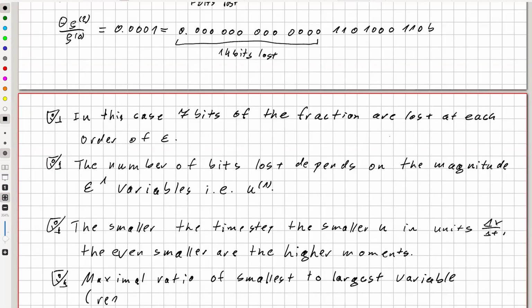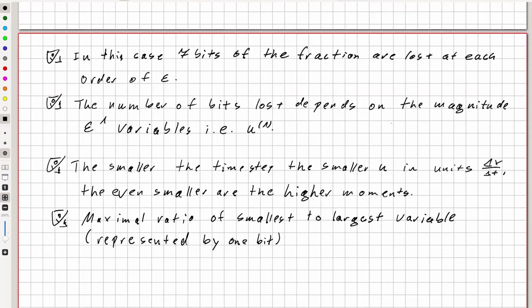So suppose we represent this by 1 bit, which of course doesn't make any sense, but let's assume this is of course 2 to the power of 23, which is something like 8,388,608, if I'm not mistaken. Yeah. So if two variables are different by this amount, there's actually nothing left.